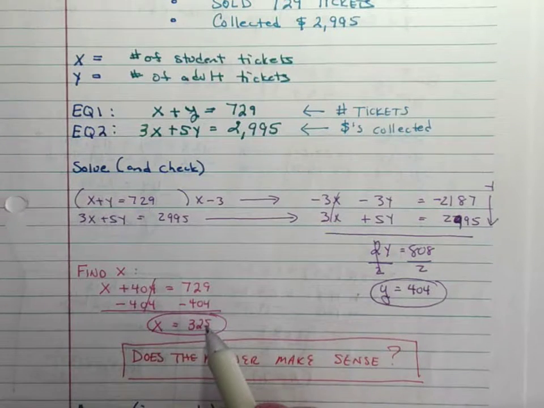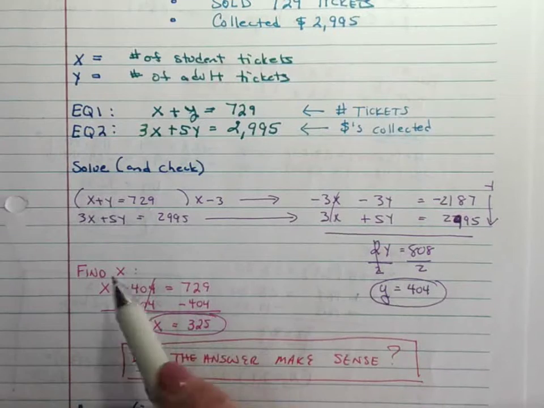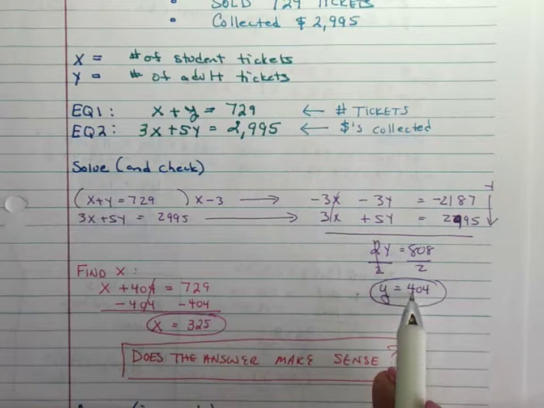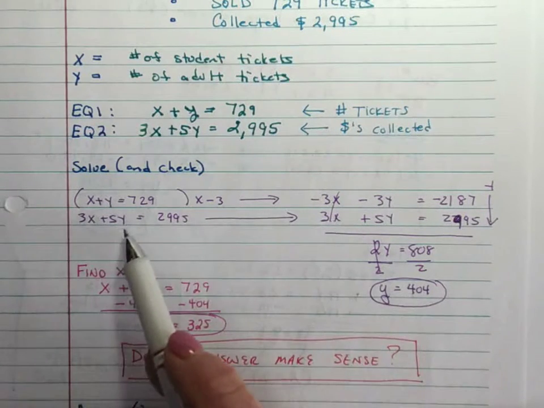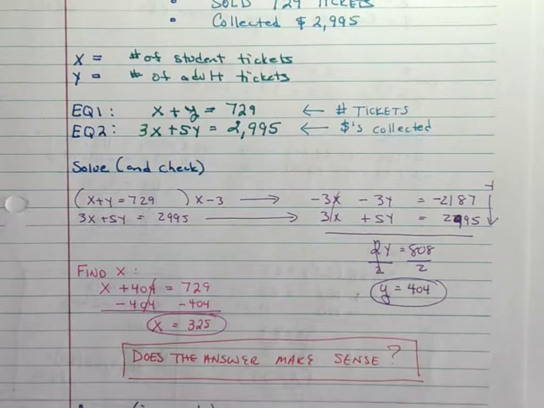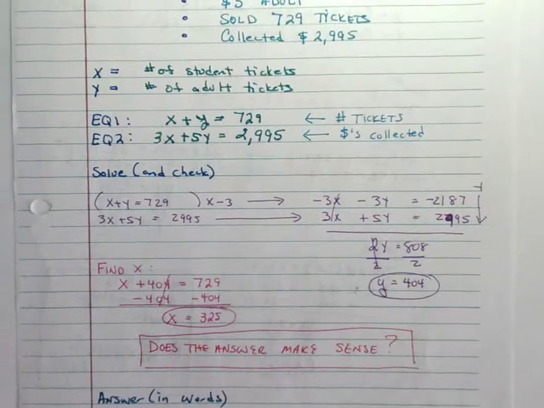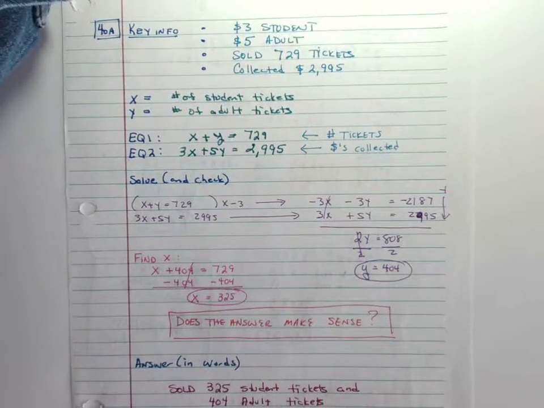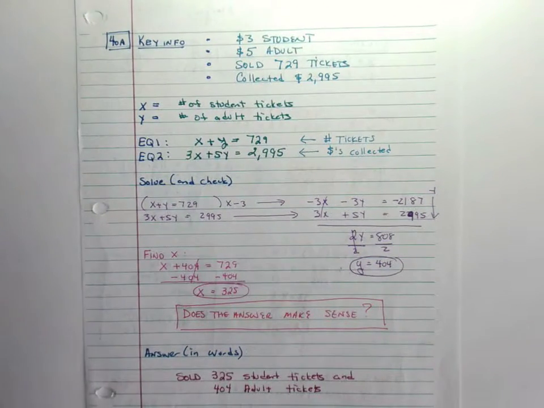If I take 325 times $3 and 404 times $5, I'm going to get $2,995. So the answer: 325 student tickets were sold and 404 adult tickets were sold.